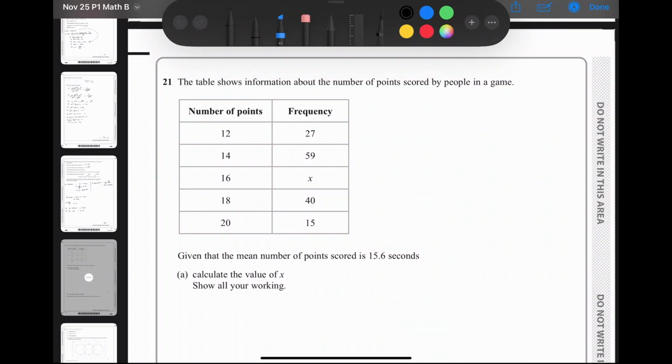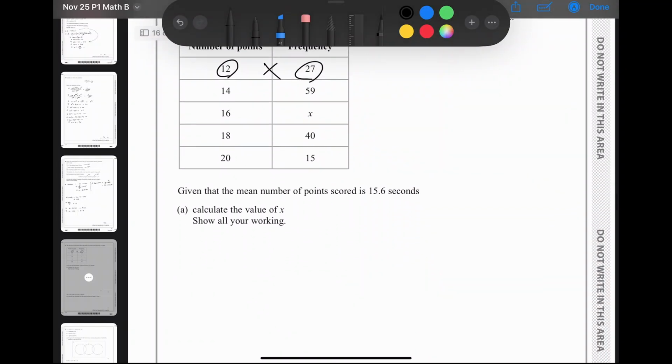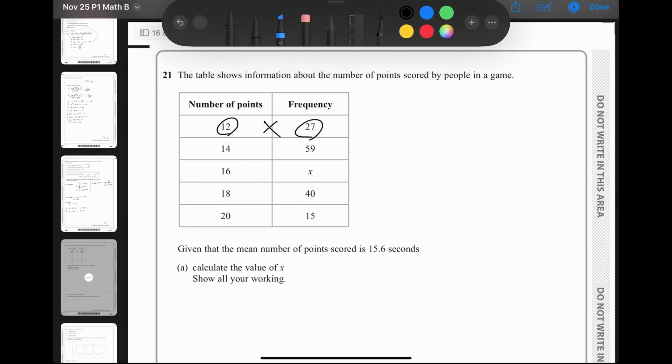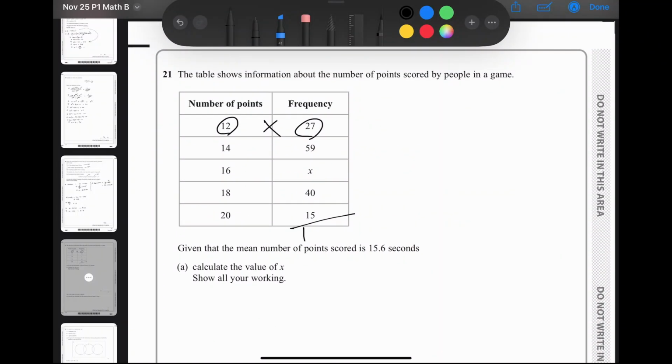For question 21, we are given a table of values. For A, we will multiply the points with their beside frequency, add them all together, and it's supposed to be equal to the 15.6 given.